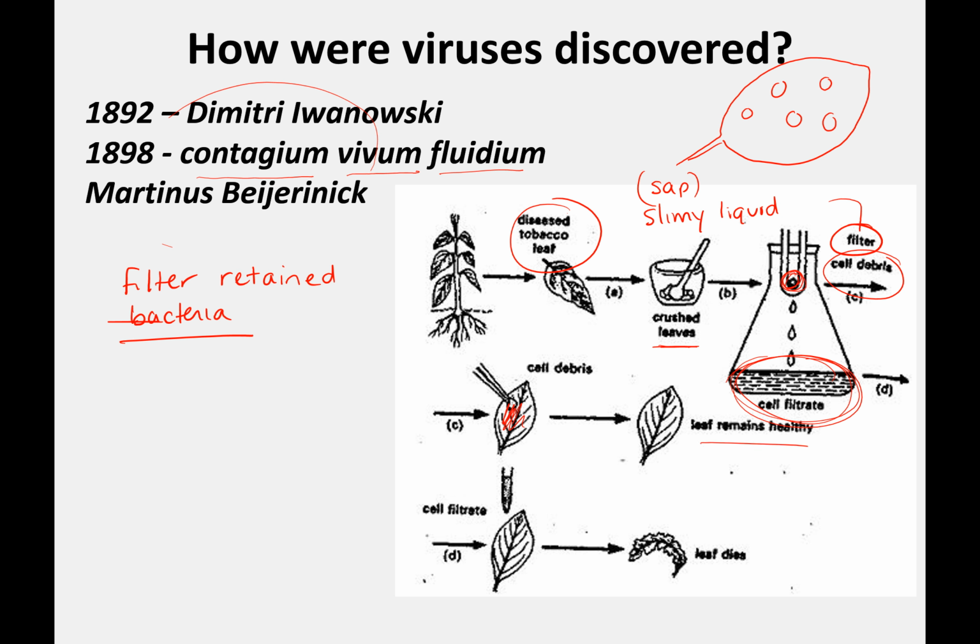So the disease-causing agent wasn't large, right? It wasn't retained in the filter. But when you took the cell filtrate, the liquid, and rubbed it on the leaf, it died. So they realized that the infectious agent was in the liquid, or the filtrate.